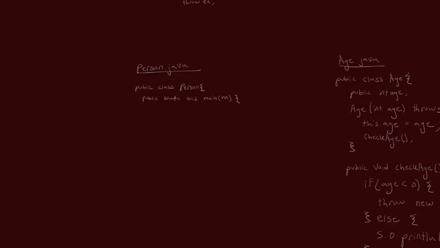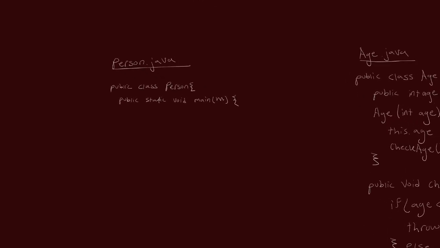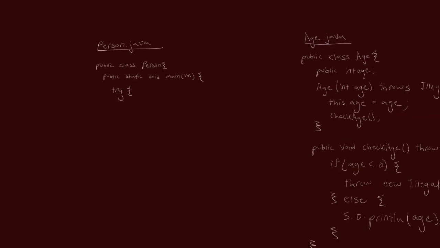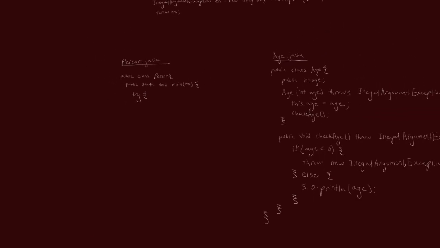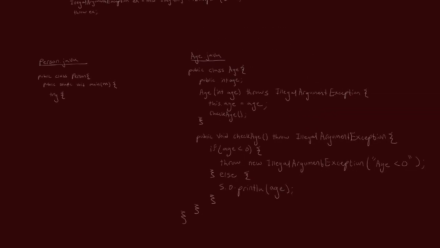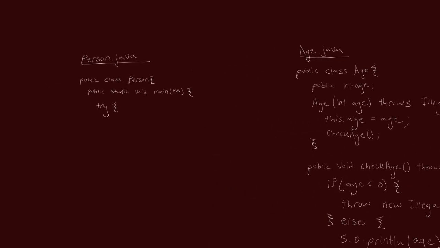So now back in our main, what we're going to do is set up a try block. Okay, and let's call our constructor 4 times. So we'll do age a1 is equal to new age, and let's pass in a number. So we'll do 45.